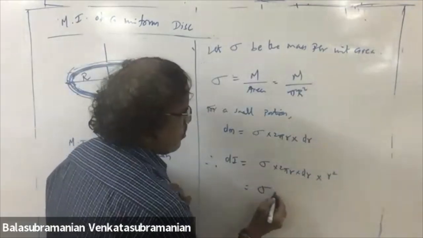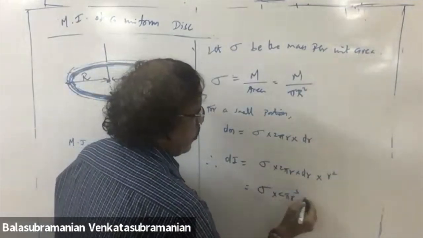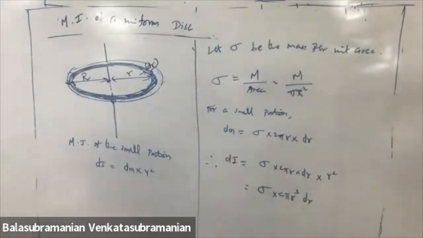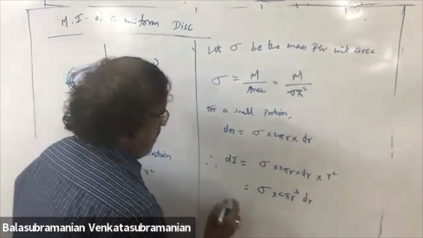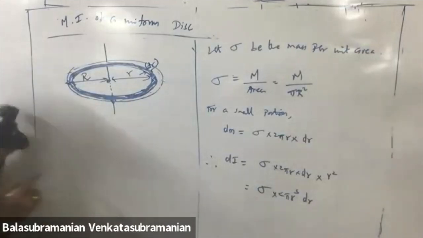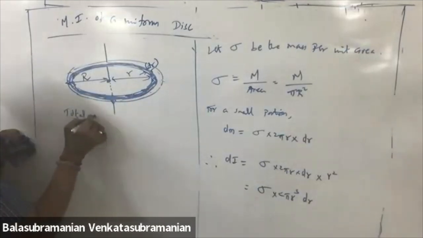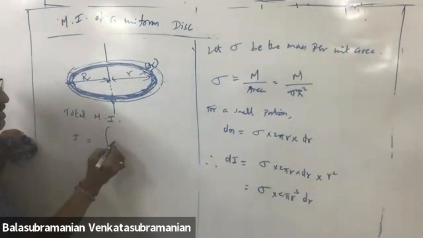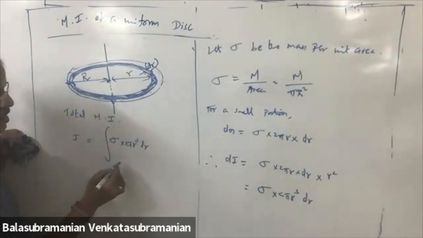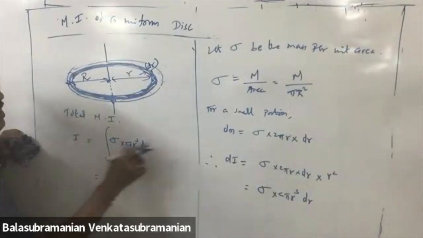So I can write sigma 2 pi r cube dr. So total moment of inertia is integral sigma 2 pi r cube dr. What is sigma?